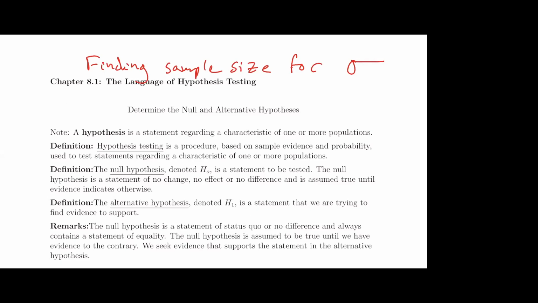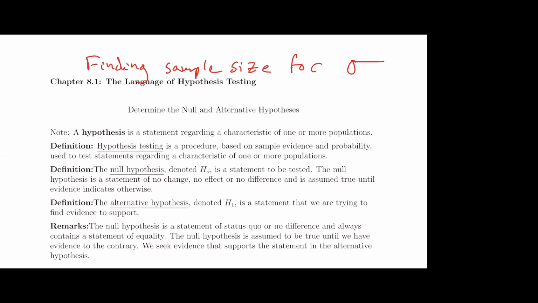So we're going to start with chapter 8, which is about hypothesis testing. This is pretty much what statistics is, because in statistics you're always going to have a hypothesis, and you're trying to prove that hypothesis is correct.